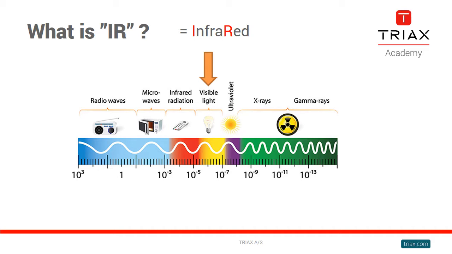FM and TV is down here. The wavelength is much longer down here. X-ray is up here, the wavelength is very short for the signals in this end. Approximately here is near infrared, right below visible light.